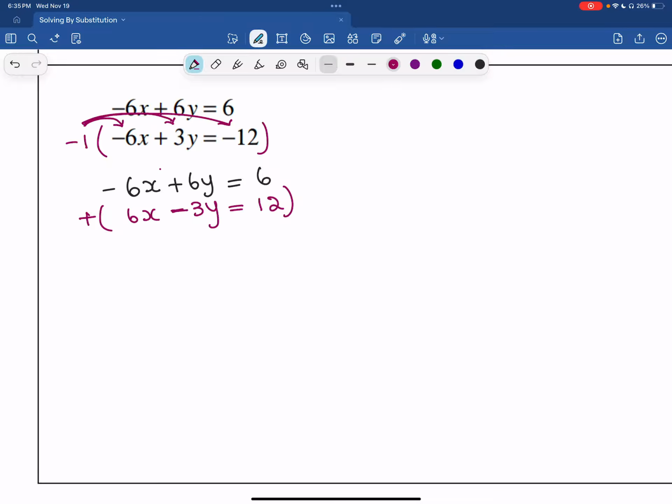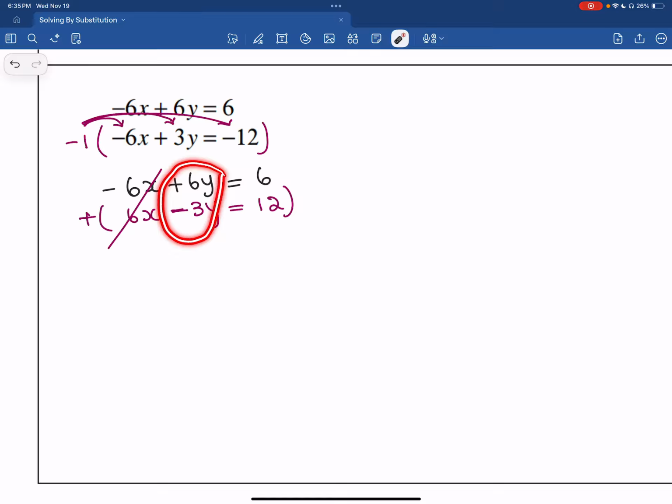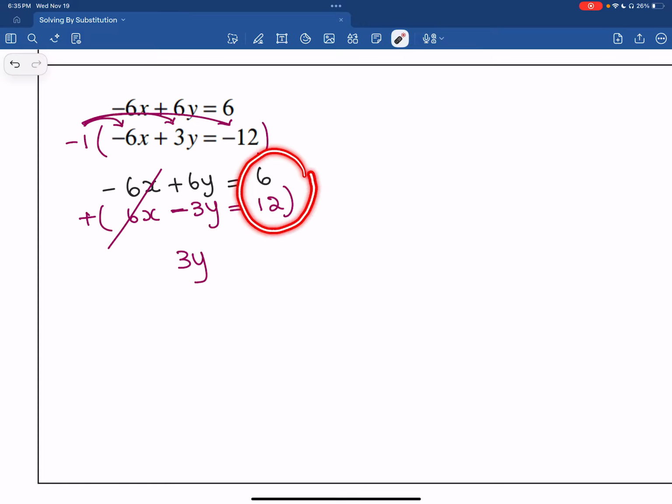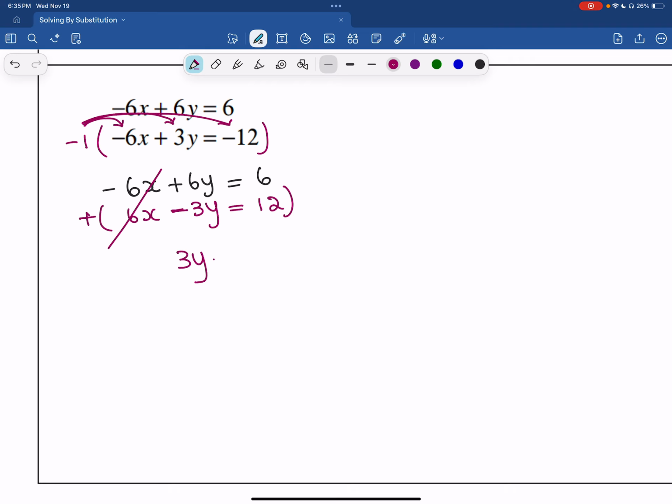So -6x plus 6x is going to cancel. 6y minus 3y is just 3y. And 6 plus 12 is just going to be 18. Last step to solve for y here is to divide both sides by 3. And we'll see that y is equal to 6.